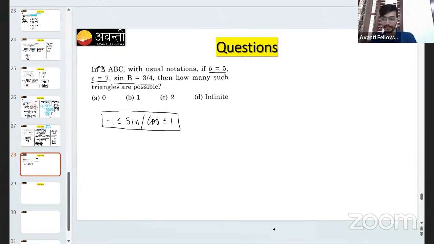Got it? So that means now I have to find the values of sin A and sin C. We have the sin rule.